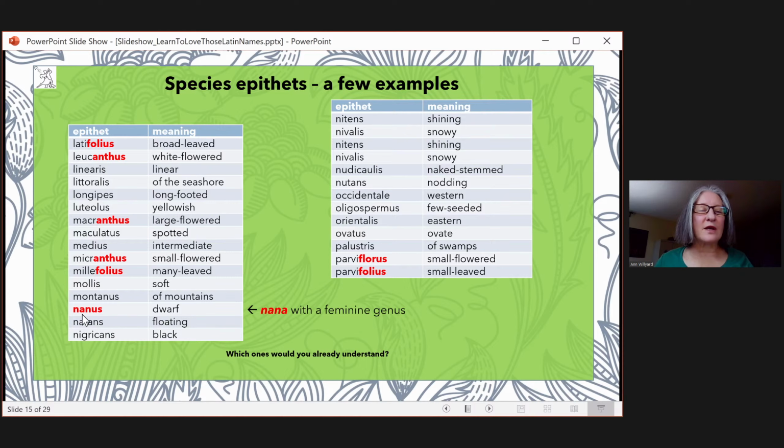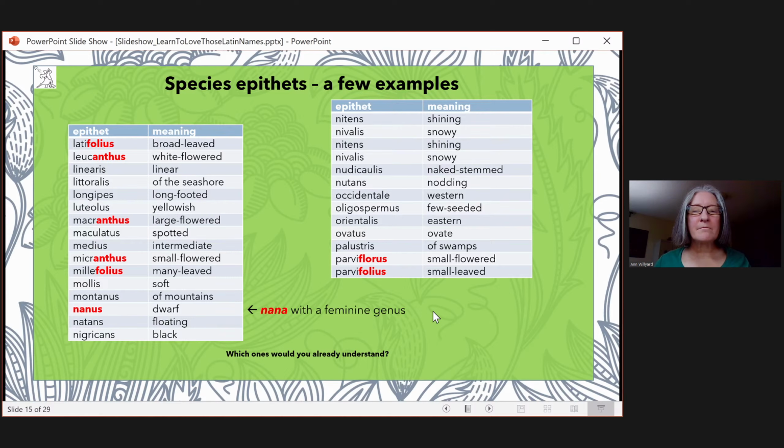Another thing I'll point out is that once you learn the root word, nana, with a feminine genus, nanus with a masculine genus, they both mean dwarf. And so this is an example of what would happen if something was named nana with a feminine genus and then later got moved into a masculine genus: just grammatically, they would change the epithet from nana to nanus or vice versa. That makes sense?